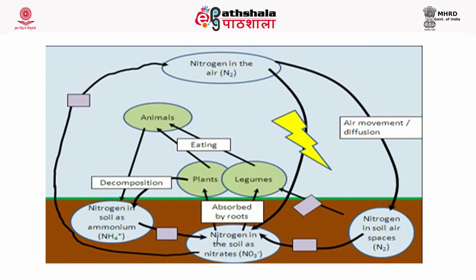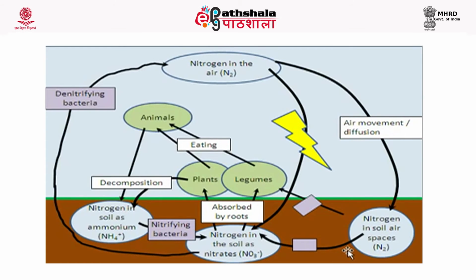Denitrifying bacteria remove nitrates. We've got an arrow here which is going from nitrates in the soil to nitrogen in the air. So this removal of nitrates in the soil is going to be denitrifying bacteria. Then we've got making of nitrates here from ammonium ions, ammonia containing compounds, so that is going to be the nitrifying bacteria.